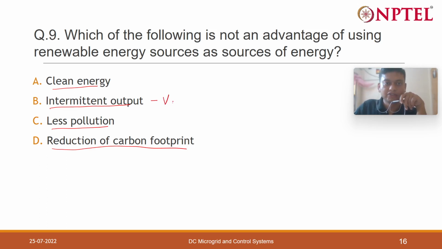Renewable energy is also called variable energy resources, or intermittent energy resources, as we call renewable energy sources. So these sources are non-dispatchable.